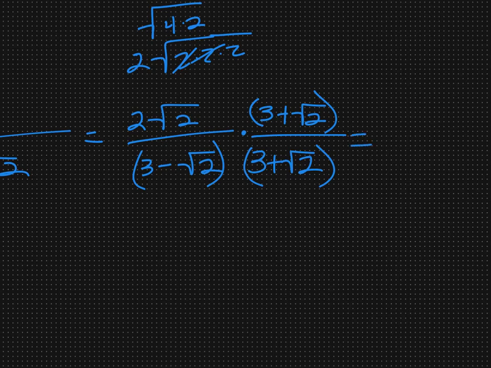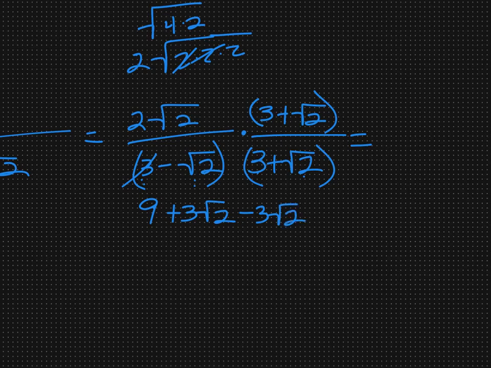Okay, now let's see what happens on the bottom then. 3 times 3 is 9. And 3 times the square root of 2 is 3 square root of 2. And I'm done with the 3. And negative root 2 times 3 is negative 3 times the square root of 2.